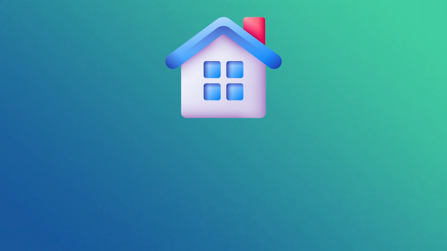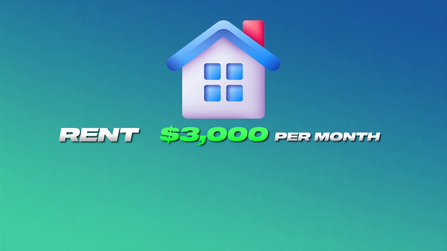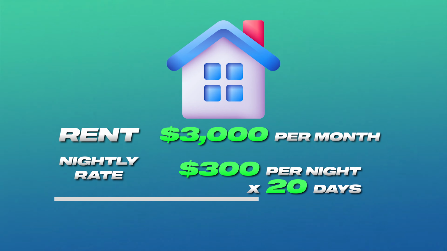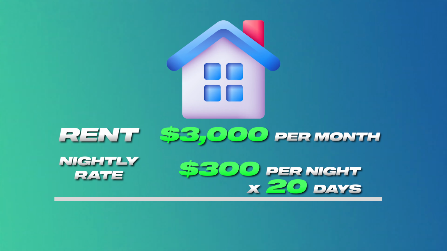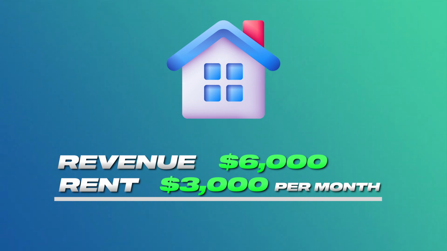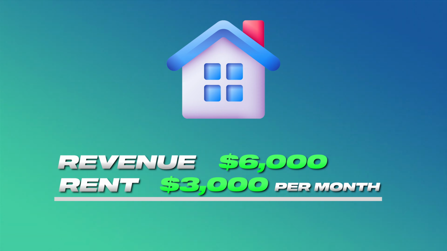For example, let's say you rented a property for $3,000 a month, and let's say you started to charge $300 per night. And after 20 days of bookings at $300, you would be at $6,000 of revenue. We subtract the $3,000 of rent that you pay from the $6,000 of revenue, minus some utilities, landscaping, maybe some management costs, and whatever is left is your profit.